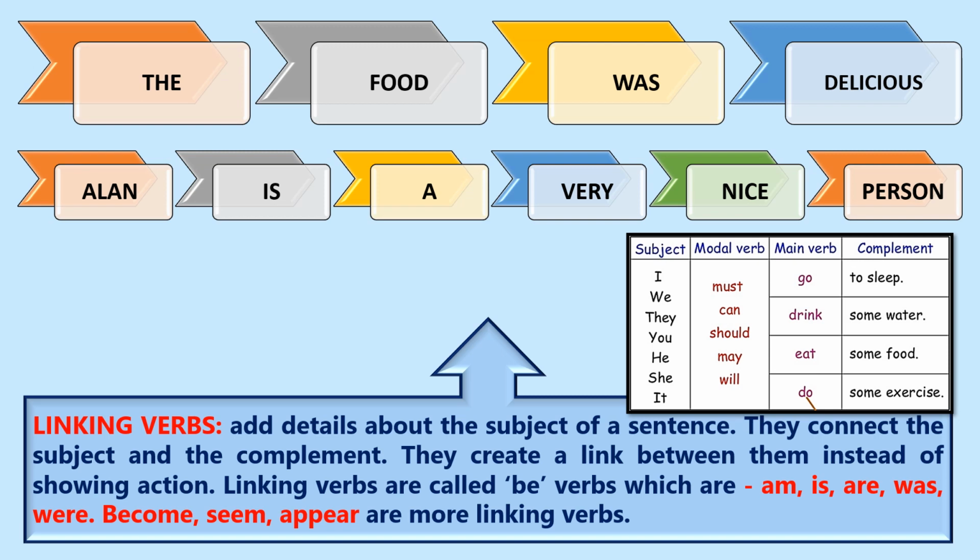We can drink. Okay, what can we drink? Some water. So this is the complement. Okay, so when we have words like am, is, are, was, were, sometimes become, seem, appear, these are linking words which connect the subject not to an object but to a complement. They are called linking words.